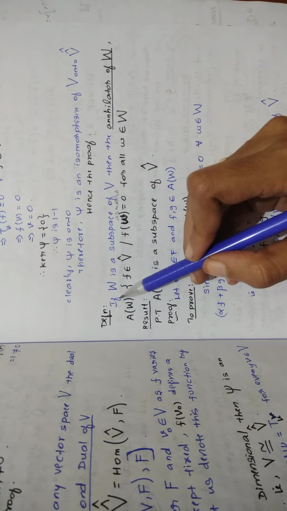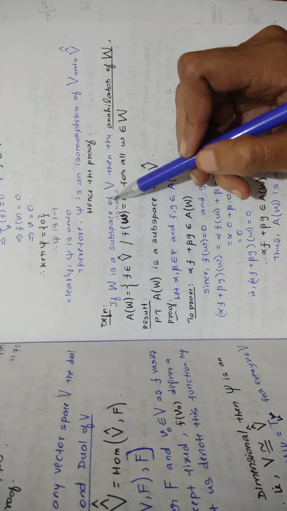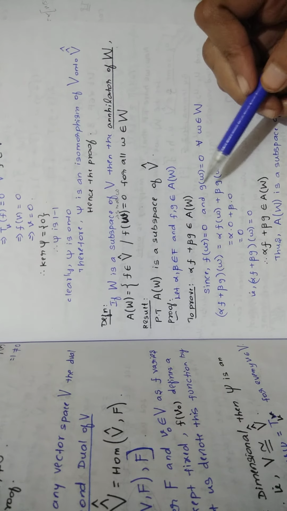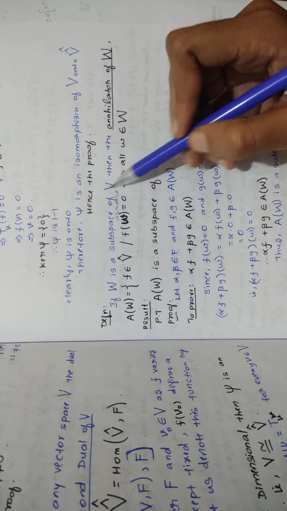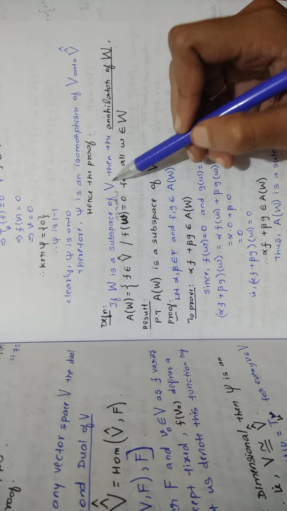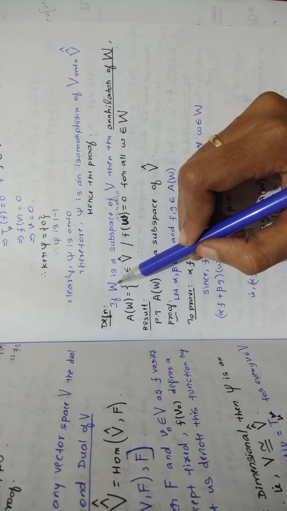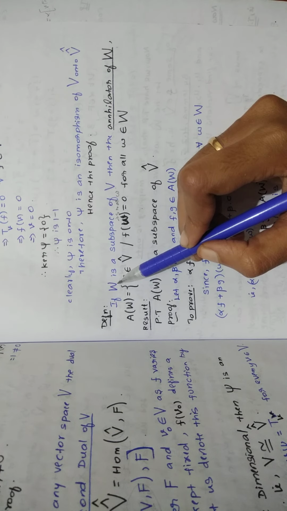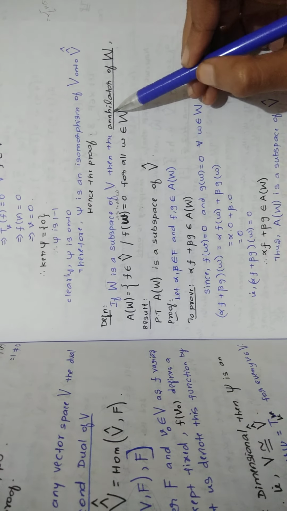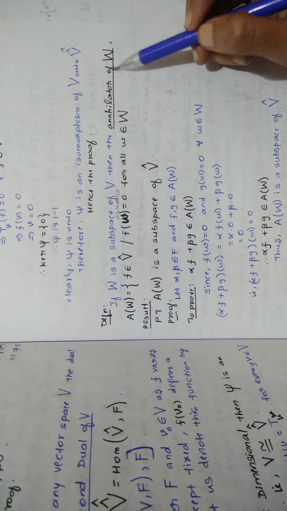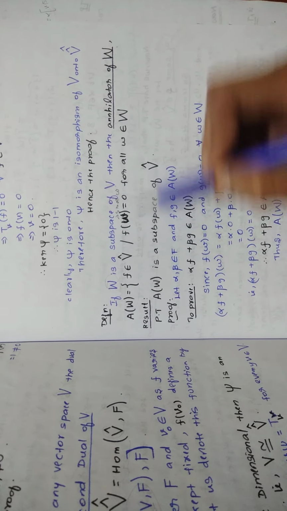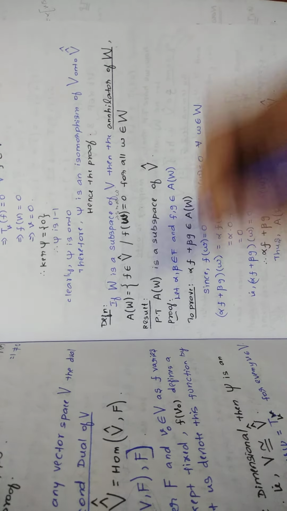So if W is a subspace of V, so here you have a vector space, that is V. From the vector space you are choosing a subspace, that is denoted by capital W. So if you want to say this W as an annihilator of W, if it is in this format, so let me read that.